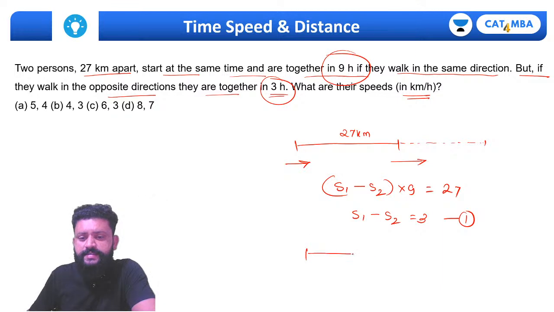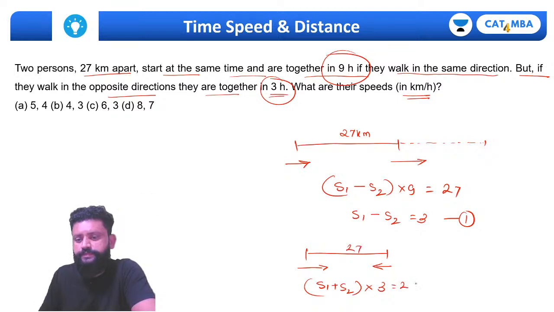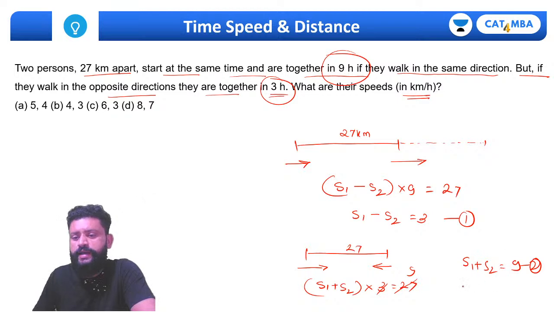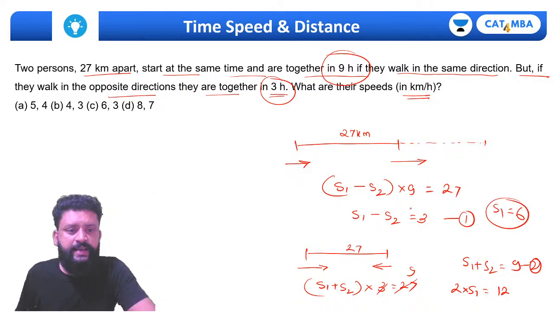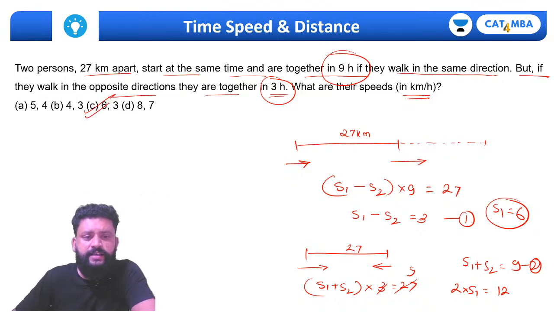And if they are moving towards each other, S1 plus S2 will be the relative speed, and into time 3 hours, has to be 27 kilometers. So I can say S1 plus S2 is 9, that is equation 2. If we add these two equations, 9 plus 3 is 12. So twice S1 has to be 12. So S1 has to be 6 and S2 has to be 3, that is answer option C, the correct answer.